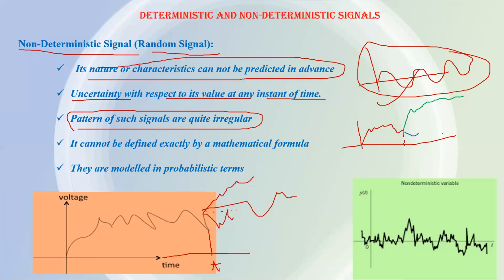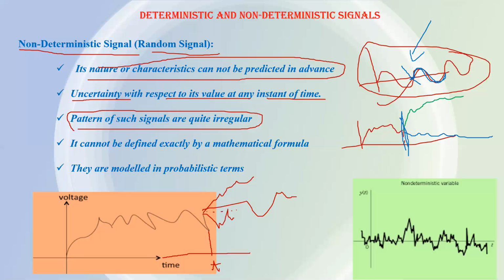You cannot predict what will be its characteristic beyond this point. But for the deterministic signal, you can easily extend this plot because you can predict its nature.